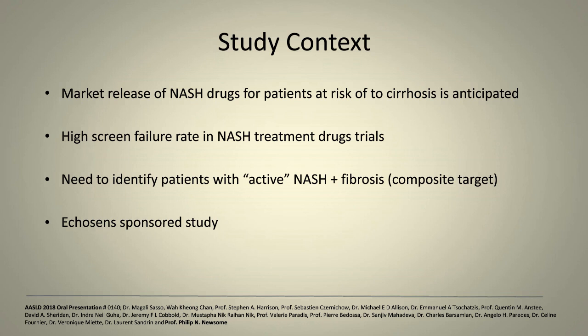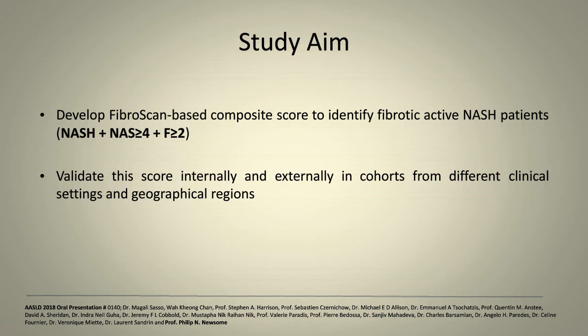And the context of this was really because there's a high screen failure rate in NASH treatment trials. We don't have a good way of identifying patients that are likely to wind up being treated with NASH therapies once they become FDA approved. So Echosens wanted to sponsor a study to try to improve on our diagnostic accuracy for this population.